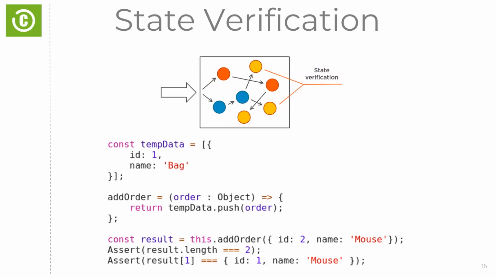So we have a change in the state of the cart. At the initial phase there was no item, and then there was an item. We can apply multiple asserts for that and check whether the item has been added to the cart or not. You can see a snippet here: we pass an object in, we have a data array, and we push into it, and then we check the assert for the result, whether it is appropriate for us or not.